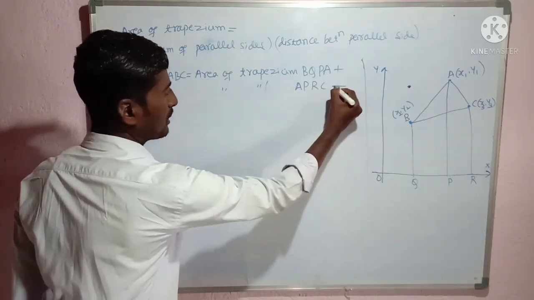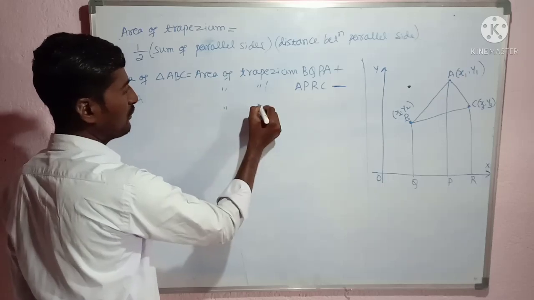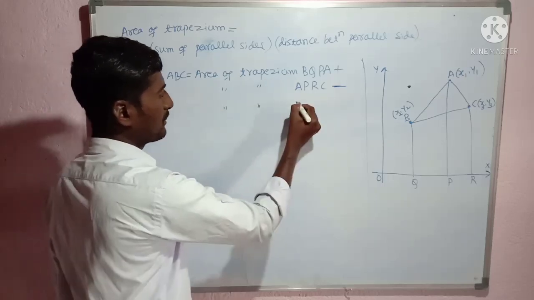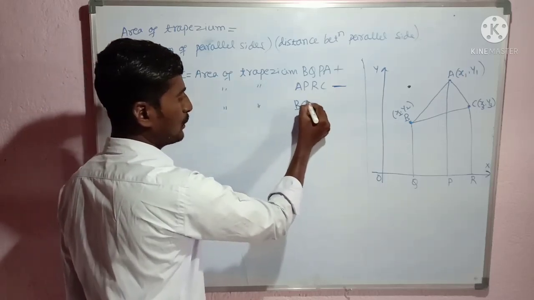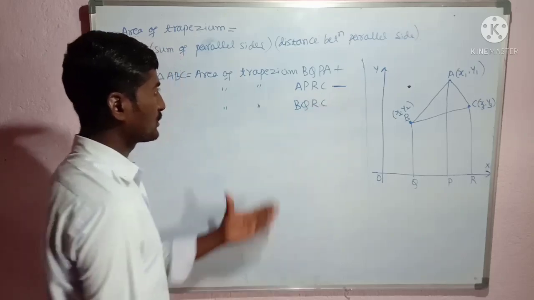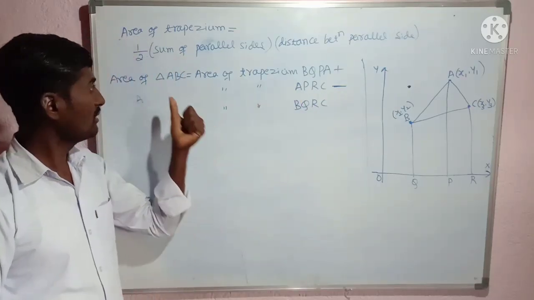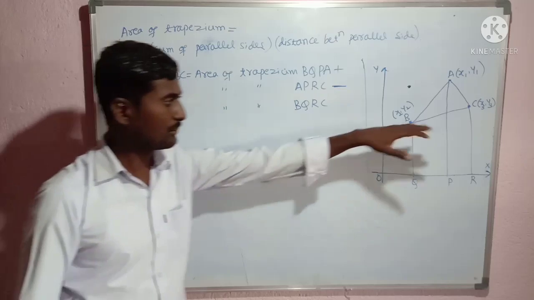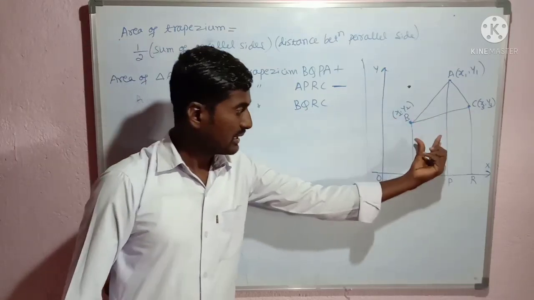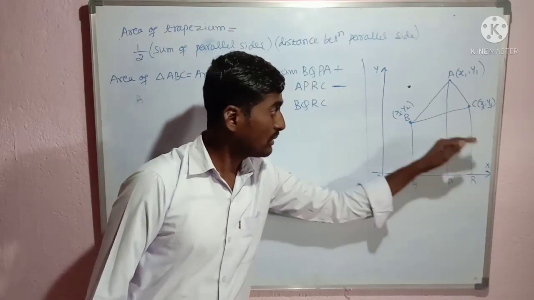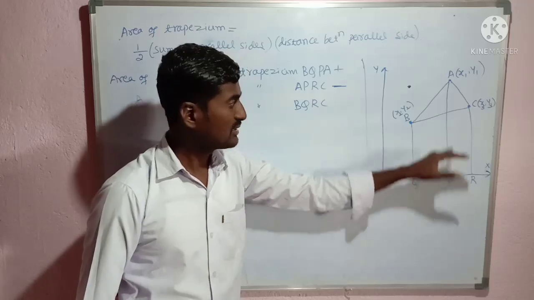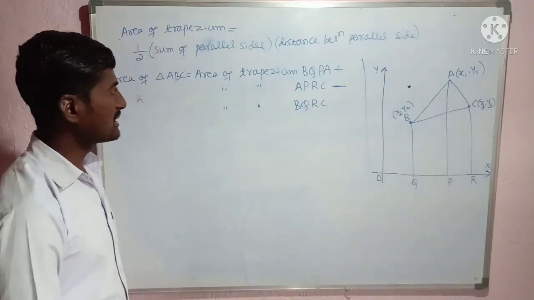This is very important, minus area of trapezium BQRC. Okay, understood why I have taken this? So area of triangle ABC is nothing but area of this one plus area of this one minus area of this. Okay, so I'll get the area of triangle ABC only.